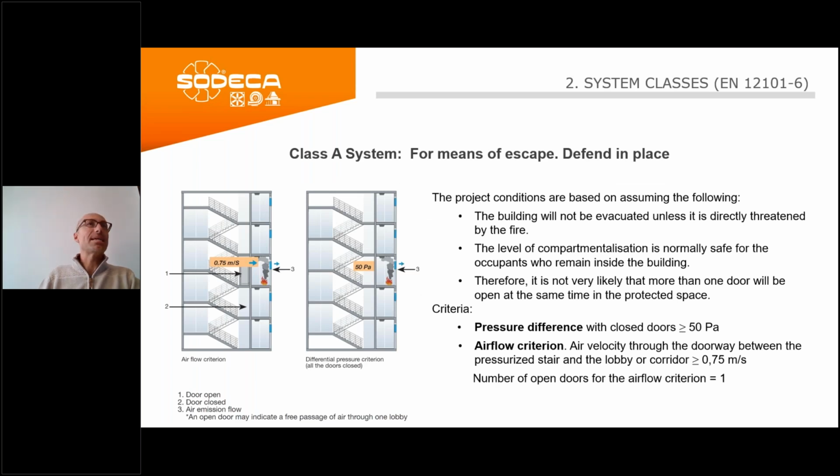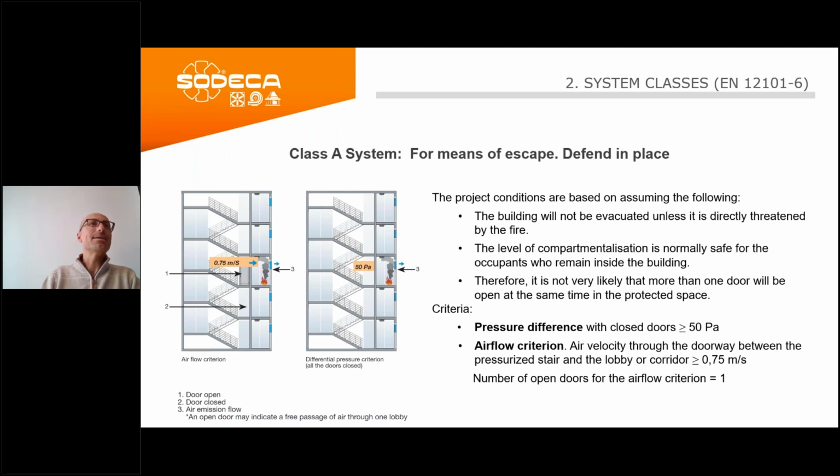Before starting with Class A system, that is the first of the classes, I would like to say that there are 4 of the 6 classes that are meant only for means of escape. It means that they are only meant to protect the stairwell from smoke spreading during the evacuation time, and there are 2 other classes that are meant for means of escape, but also for firefighting.